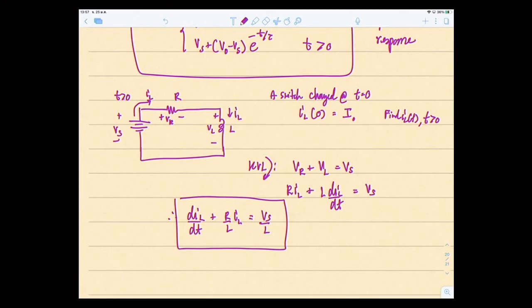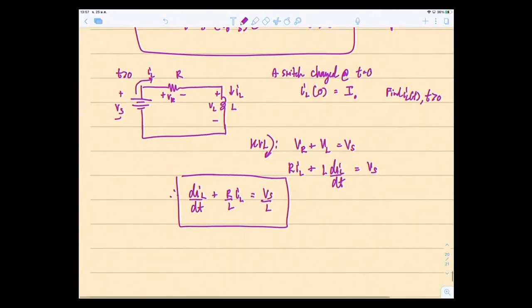So we're going to solve for IL, similar to what we did with the problem above. So dIL dt is equal to Vs over L minus R over L IL, or equal to R over L times Vs over R minus IL.